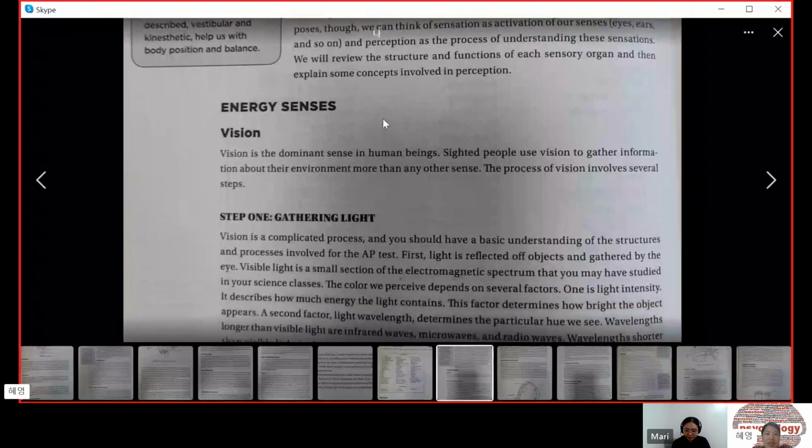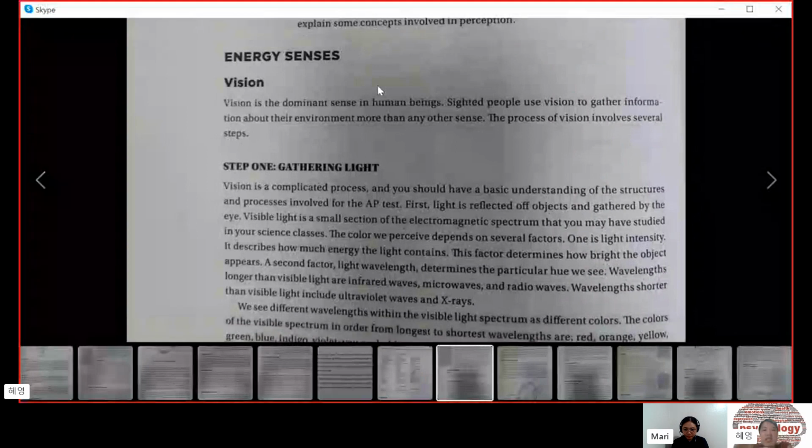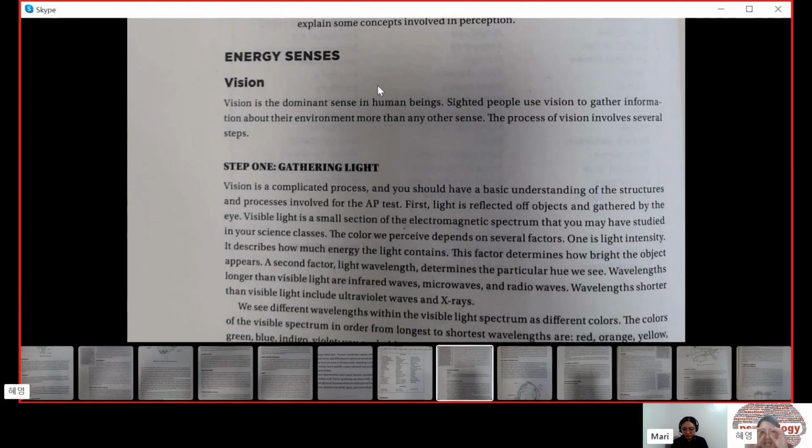So firstly, energy senses: vision. Vision is the dominant sense in human beings. Sighted people use vision to gather information about our environment more than any other sense. The process of vision involves several steps.